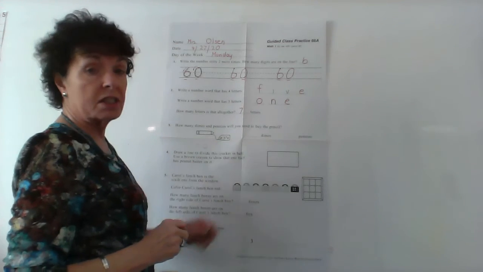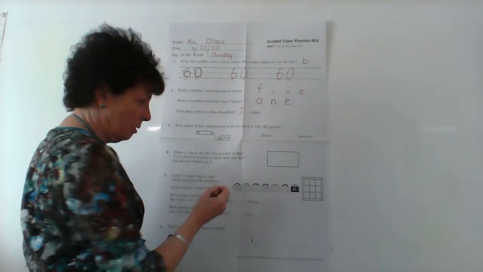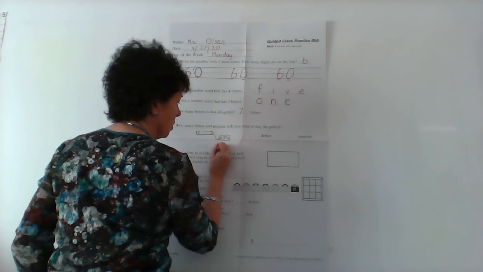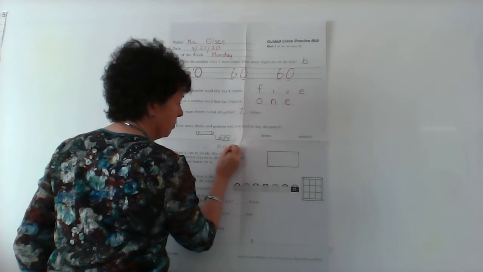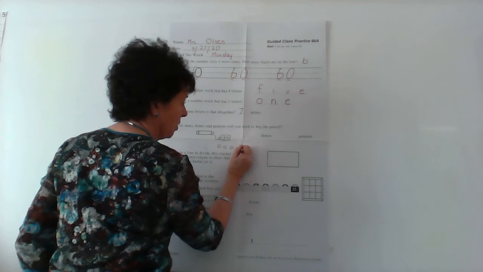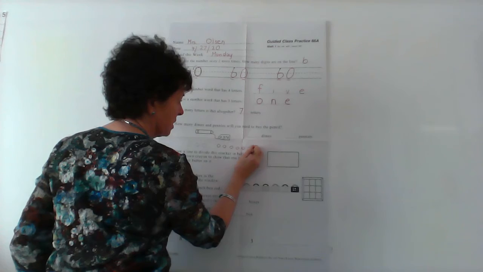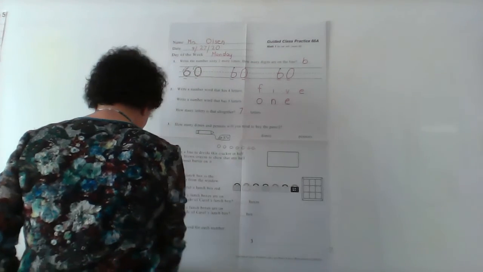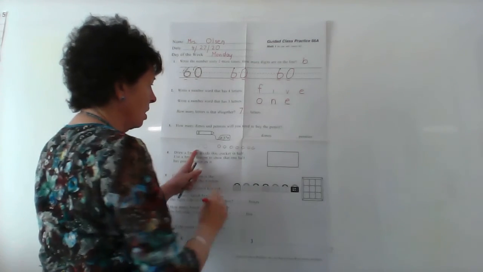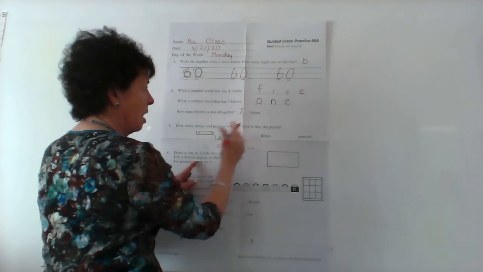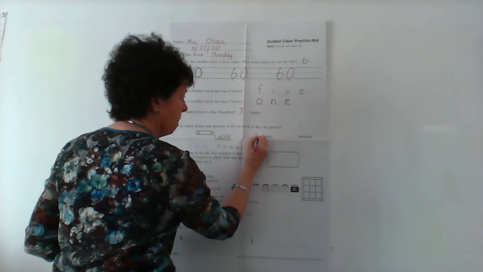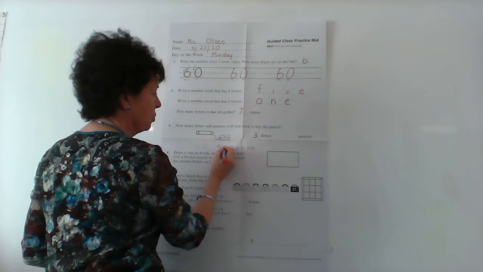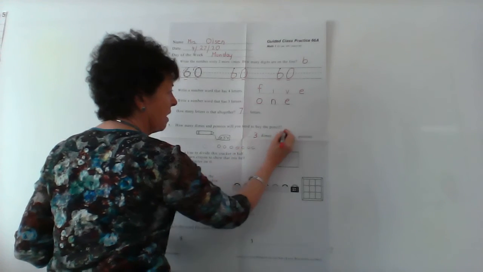So if I have 7 cents, I have 7 pennies. 1, 2, 3, 4, 5, 6, 7. All right, so now, well, that's easy. It tells me I have 3 dimes, and I have 1, 2, 3, 4, 5, 6, 7 pennies.